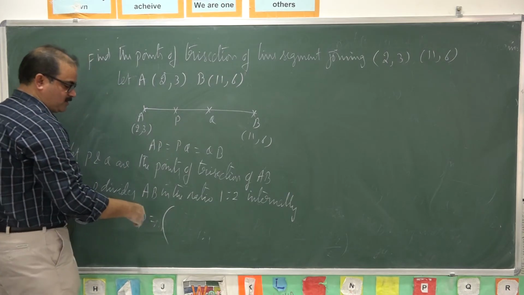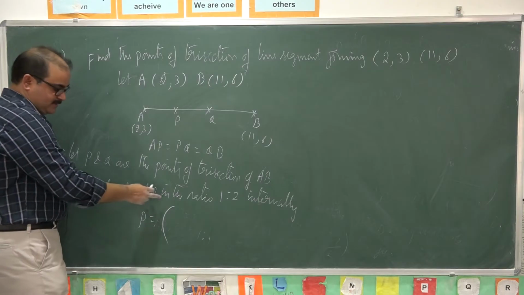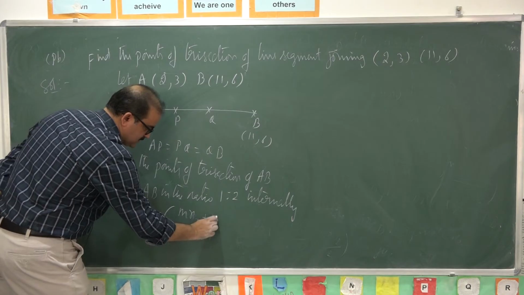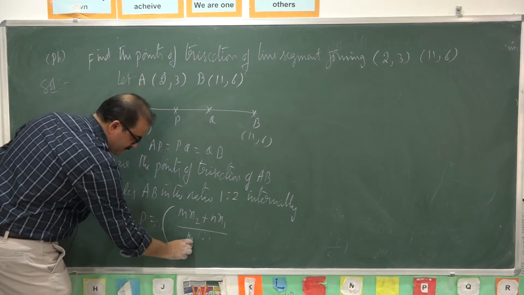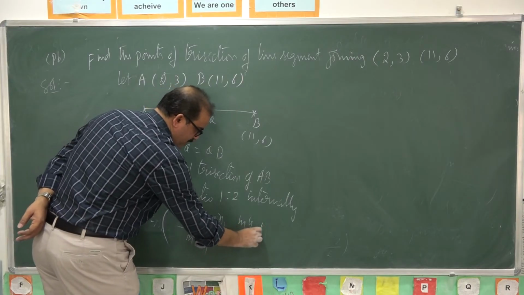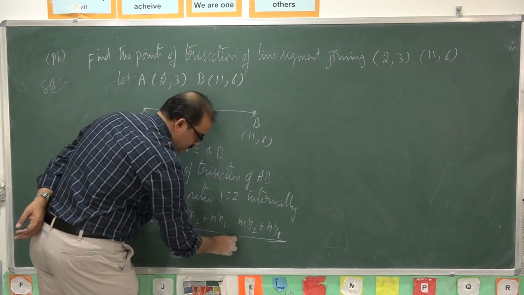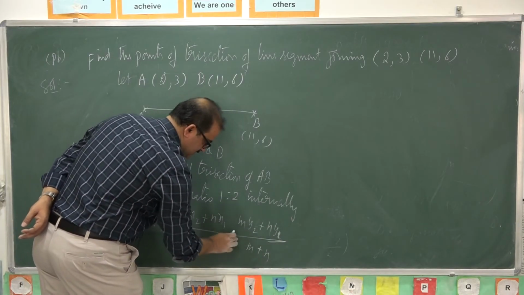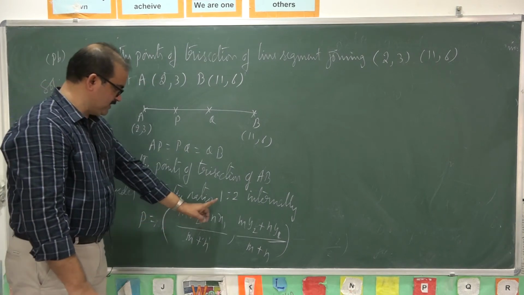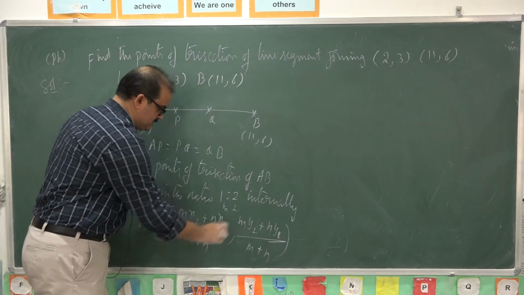What is the formula to find the coordinates of a point P for internal division? (mx2 plus nx1) by (m plus n), (my2 plus ny1) by (m plus n). But the ratio m is to n is 1:2. M is 1 and n is 2.